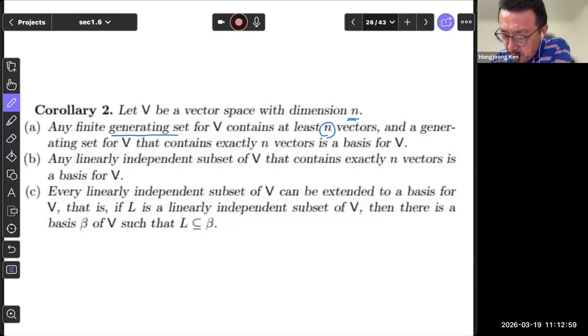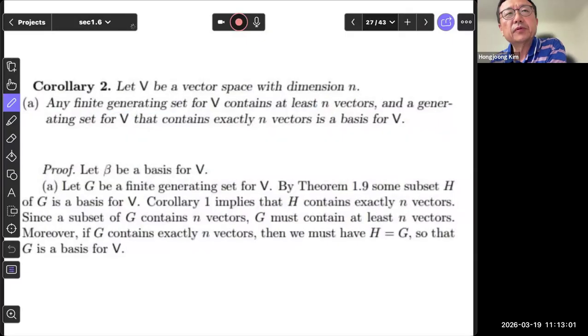So let us consider the proof first, and then let me go back to the theorem. Let us consider that statement: any finite generating set contains at least n vectors, and a generating set that contains exactly n vectors will be a basis.